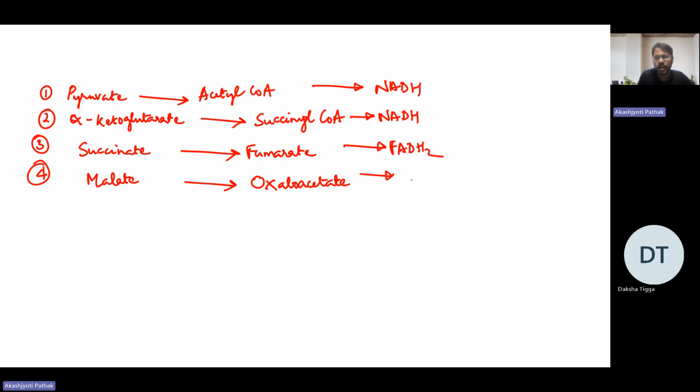And this will also give you an NADH molecule. One NADH will give you three molecules of ATP, so 1 into 3, 1 into 3, one FADH2 gives you two ATP, so 1 into 2, and this is 1 into 3. If you add up these, how many molecules of ATP are you getting? 3, 6, 9, 11. 11 ATP molecules.